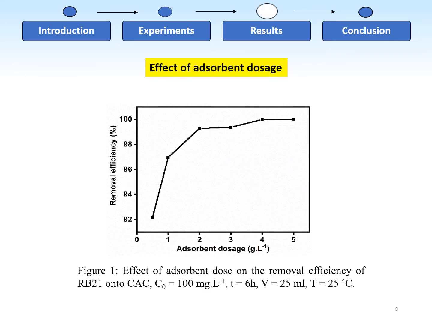The effect of adsorbent dosage on the removal efficiency of reactive Blue-21 by CAC was studied by varying the adsorbent dose from 0.5 to 5 grams per liter for a dye concentration of 200 mg per liter at natural pH, as shown in Figure 1.